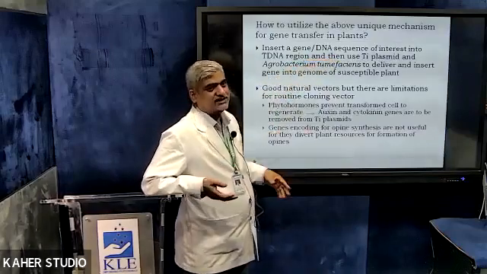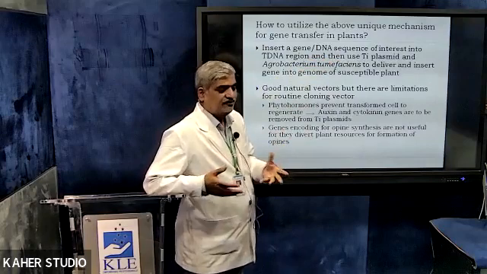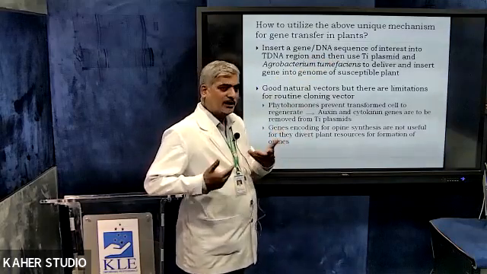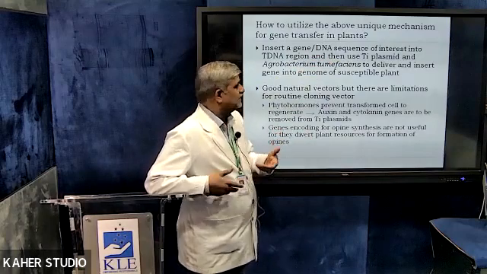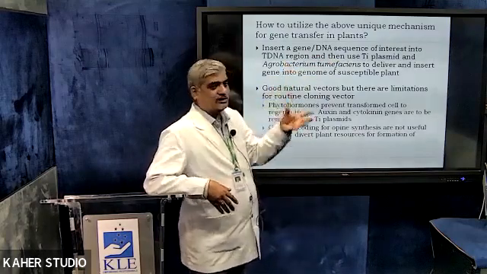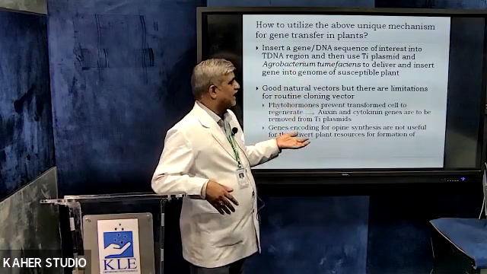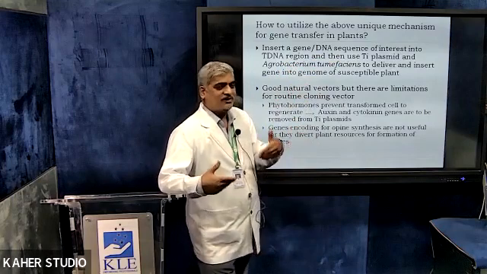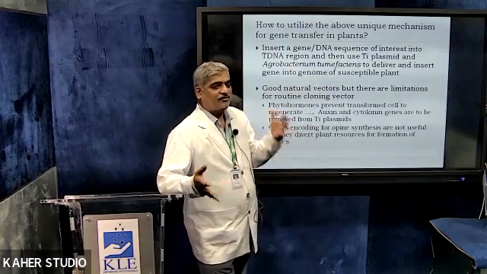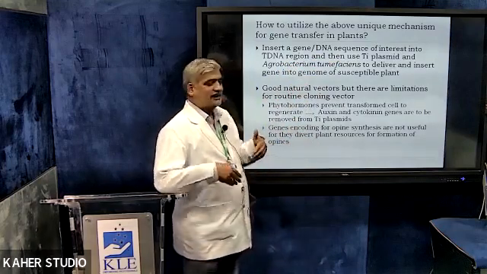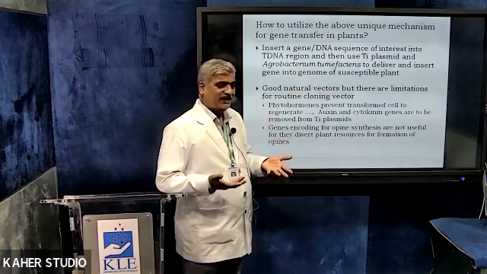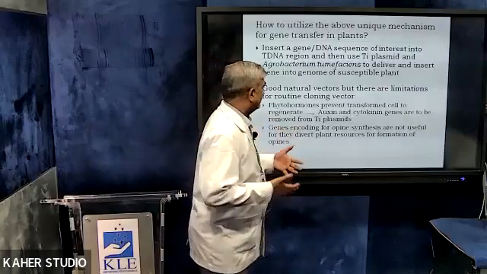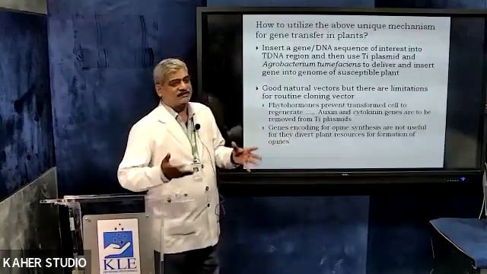Bacillus thuringiensis produces a toxin which is not digested by the insects, but is tolerated by humans. When this gene is introduced into the Ti plasmid and delivered into the plants, the leaf produces the Bt toxin, which cannot be digested by the insects. Insects will die, and therefore the crop damage is reduced, and that is how people generate new transgenic plants.